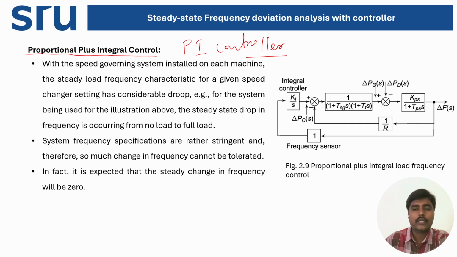So now accordingly, the block diagram can be modified like this. Here we are going to add a PI controller whose transfer function is expressed as Ki by S. For this controller, we have to give our frequency as the input, so we make use of a frequency sensor, sense the frequency value and give that value to the integral controller.